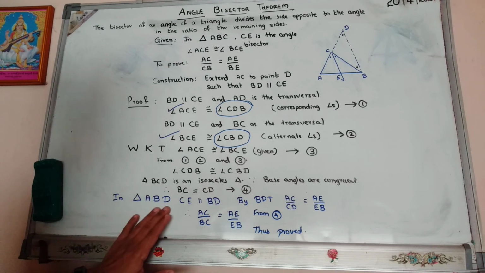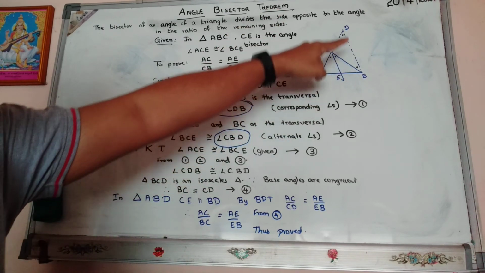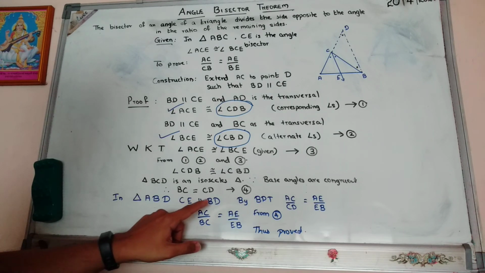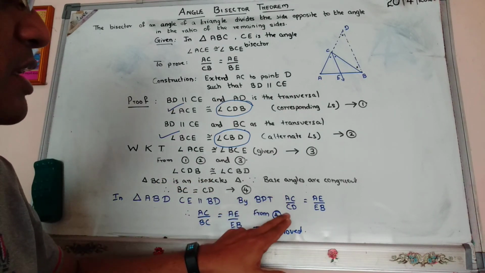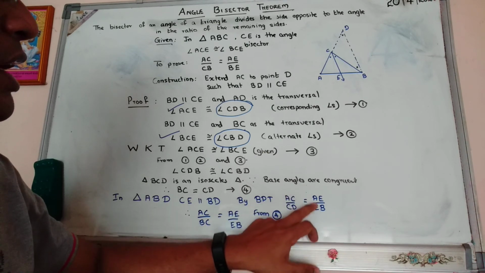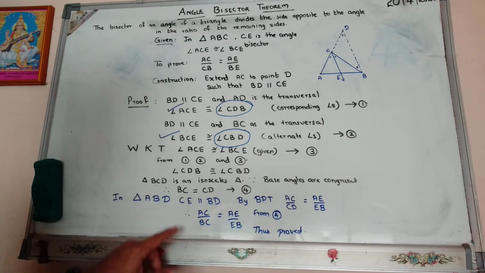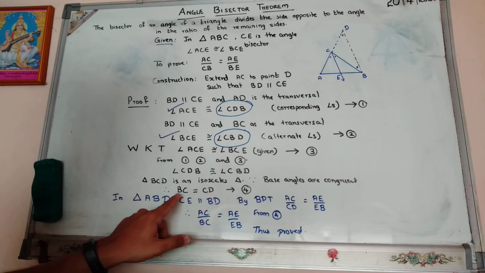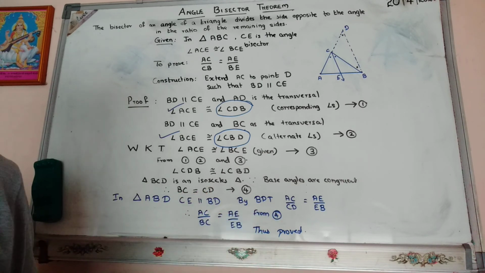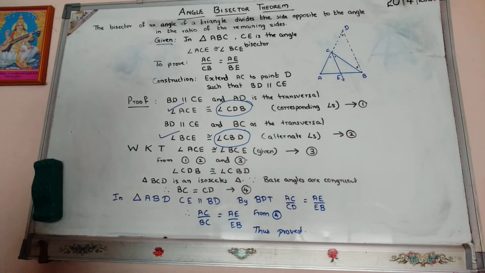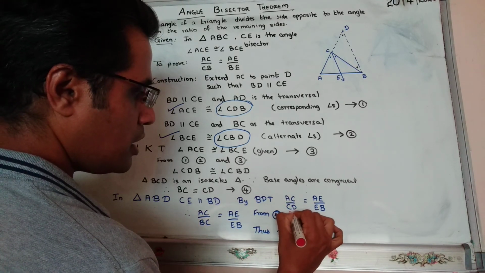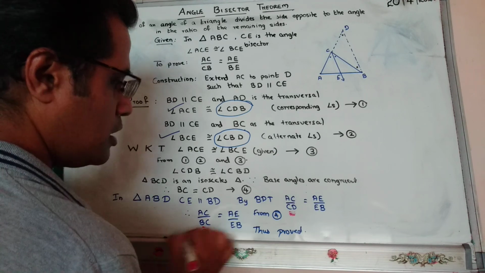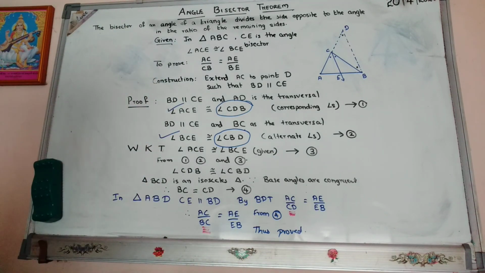In triangle ABD, now I will consider the whole big triangle. CE is parallel to BD by construction. I apply BPT, I get AC upon CD is equal to AE upon EB. So I just substitute this BC instead of CD. That's it. And I get the answer.